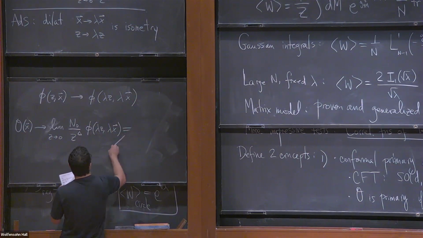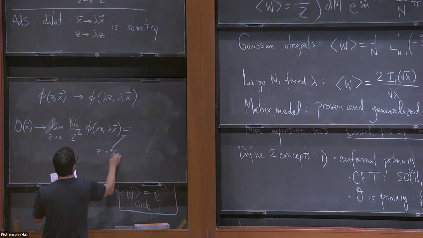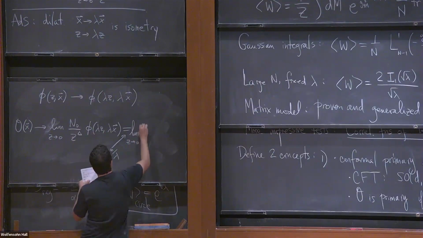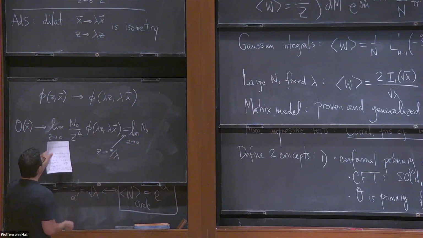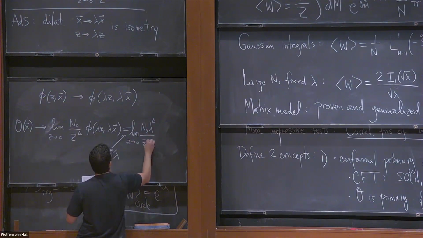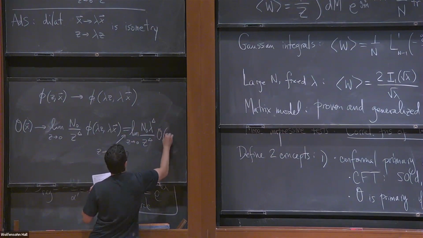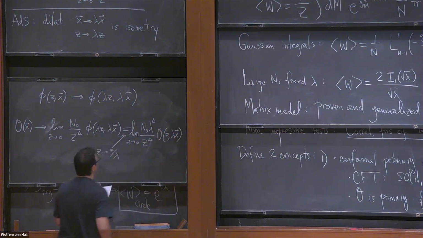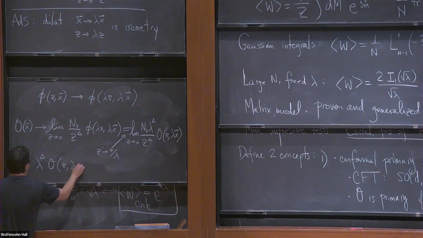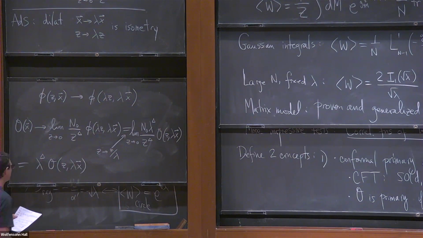We can change from z to z over lambda. So then this becomes the limit when the new z goes to 0, and then this z becomes z over lambda, so lambda is in the numerator, lambda to the delta over z to the delta times phi of z and lambda x. And that is precisely the definition of lambda to the delta O of lambda x. So this matches.